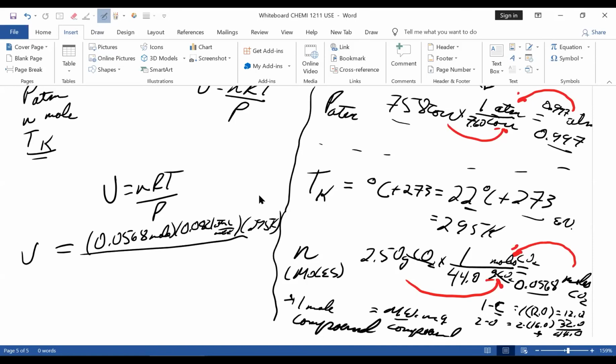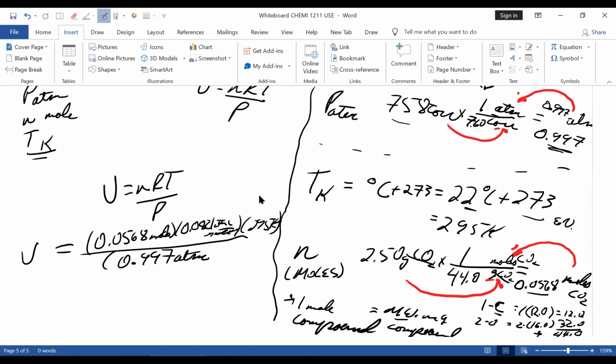which over here is 0.997 atmospheres. And if we look over here, moles divided by moles cancel out, Kelvin divided by Kelvin. So this thing right here is gone.